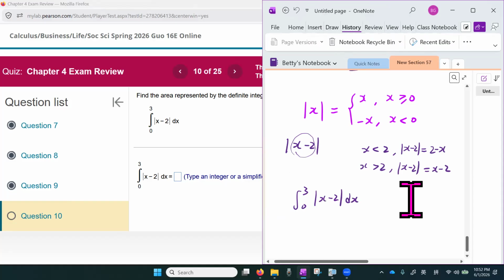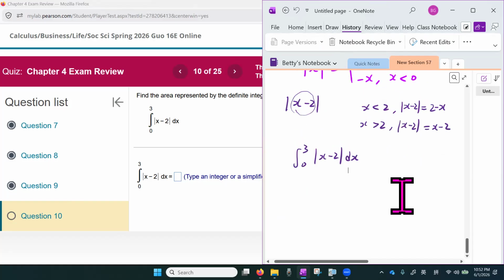We're going to use the property of the definite integral to write this integral as from 0 to 2 plus 2 to 3.